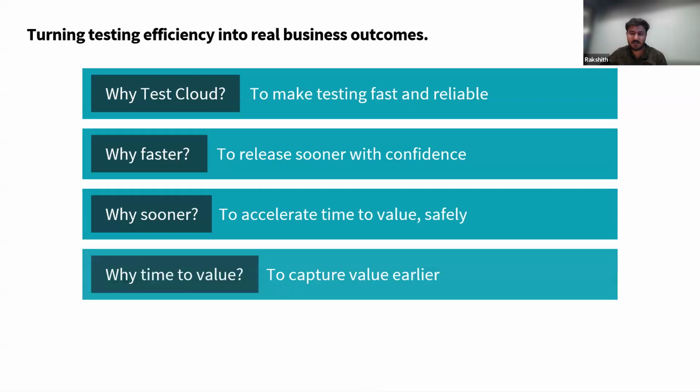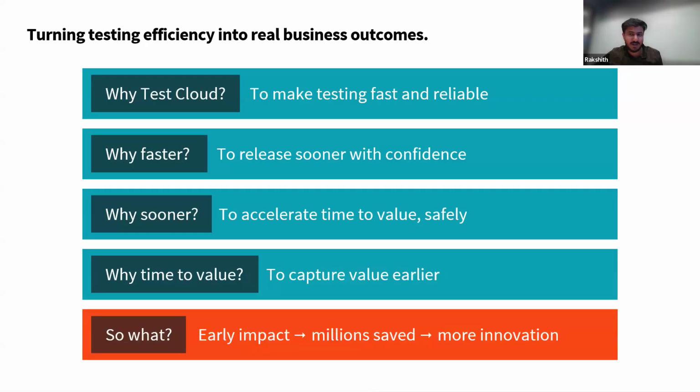When the value is captured earlier, the impact is real. Because with faster development, we have to capture and automate faster, or else we will be lagging behind one sprint, two sprints. That saves millions in budget, time, and effort.